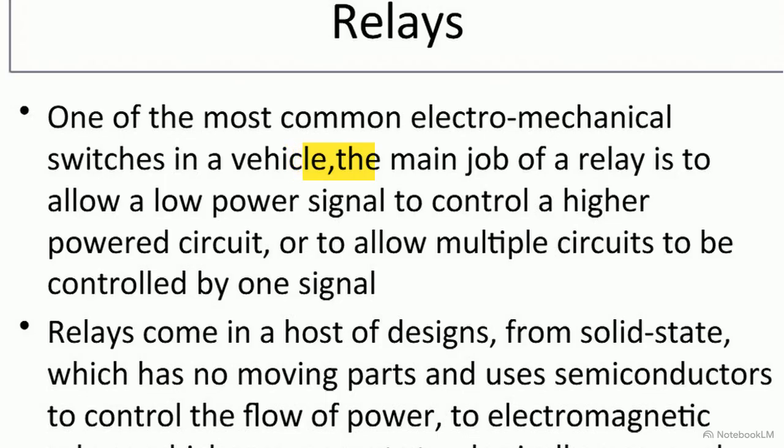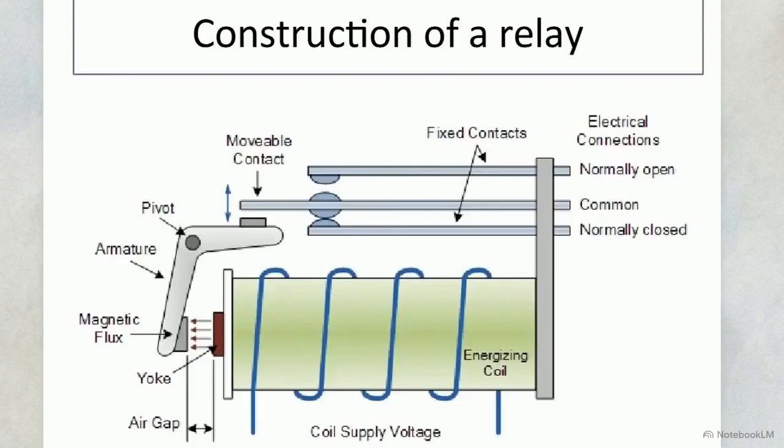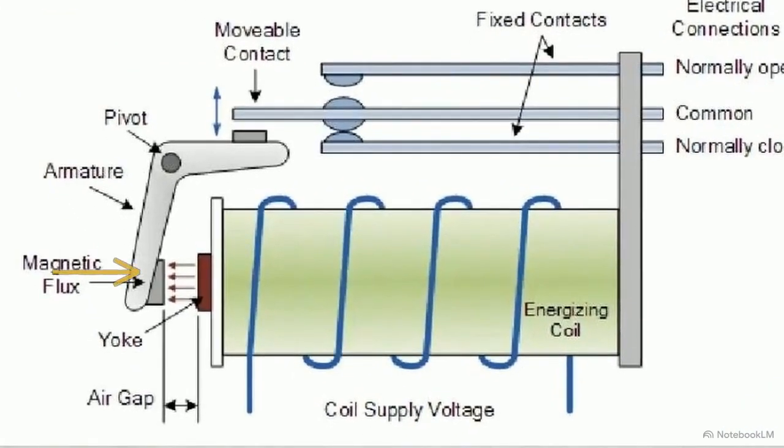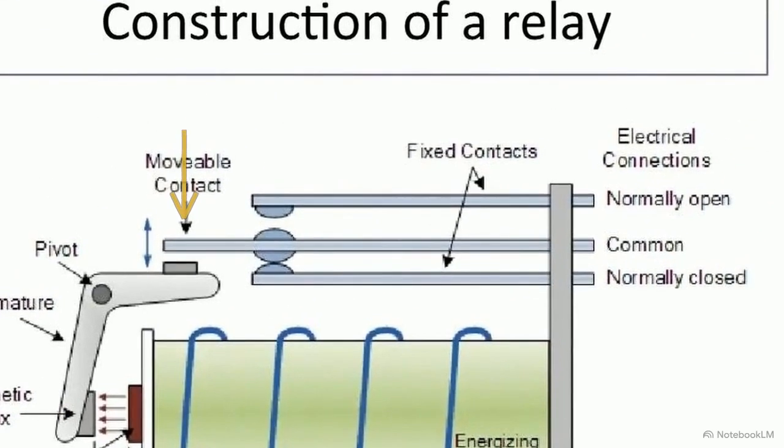A relay allows a sensitive, low-power control signal to switch on a completely separate, high-power circuit. This diagram illustrates an electromagnetic relay: an energizing coil, a pivoting armature, and contacts. A weak signal enters the bottom coil, creating magnetic flux that pulls the armature inward. That mechanical pivot pushes the movable contact upward, closing the secondary circuit to let heavy industrial current flow out.